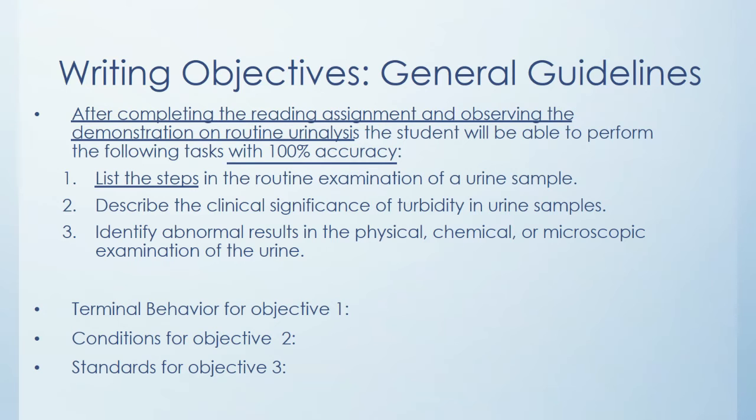So you can have these introductory paragraphs that can get rid of a lot of the need to make these really long objectives to have all the ABCs in there. So we have after completing the reading assignment and observing the demonstration, and then the expected criteria, like the standard. Then on the subsequent objectives, you just need to put the behavior that they need in there. So it saves time and paper.